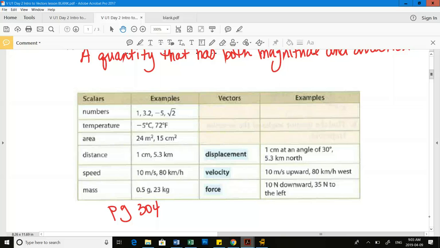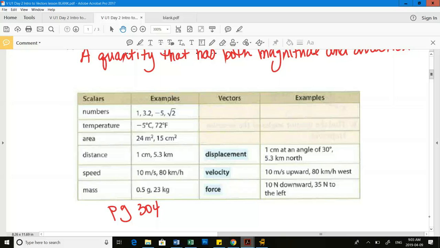And then we've got three examples of vectors, which would be displacement. An example of displacement would be 1 centimeter at an angle of blank, whatever. So the 1 centimeter is your magnitude, and then of course your angle showing the direction gives you that element of the vector. Or it could be like 5.3 kilometers north, right?